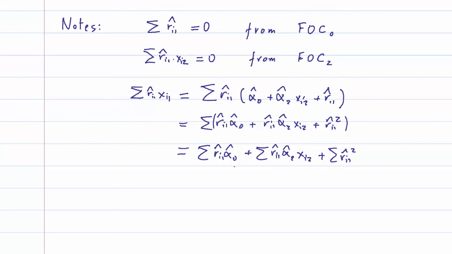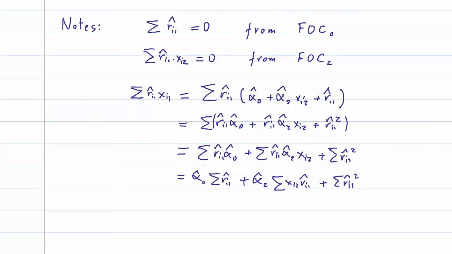Alpha 0 hat and alpha 2 hat are constants, so I can take them out of the sum. I have alpha 0 hat sum of ri1 hat plus alpha 2 hat sum of xi2 ri1 hat plus the sum of ri1 hat square.